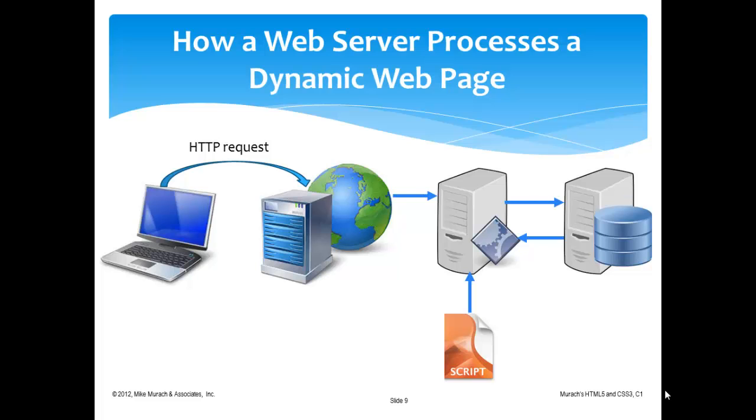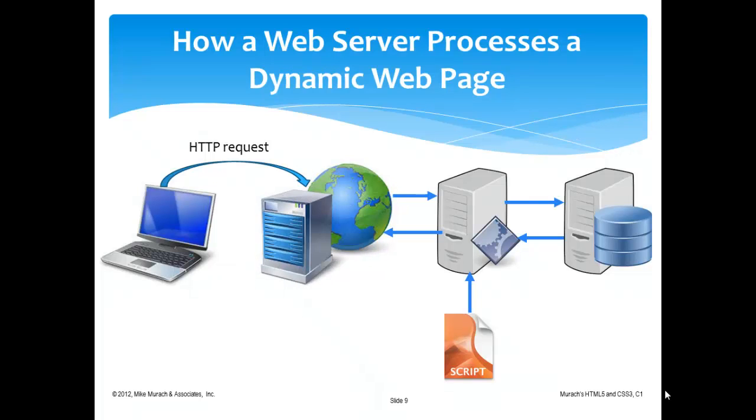The application server then retrieves the appropriate program script from the hard drive, and then it also loads any data from the user submission. After it executes the script, it generates an HTML page, and if necessary, the script will request data from a data server. If necessary, the script will request the data from the data server and use the data as part of the web page as it generates it.